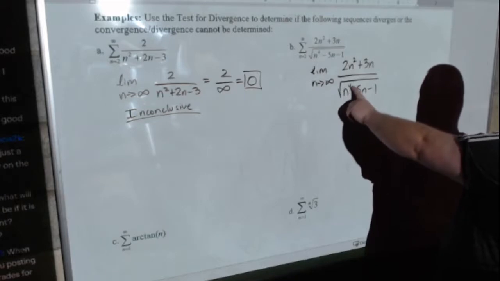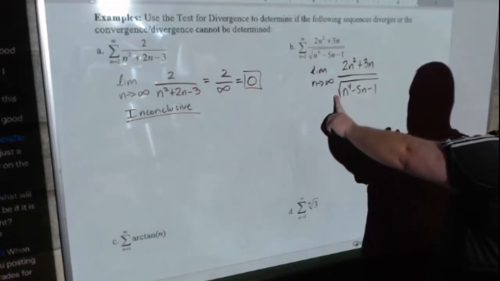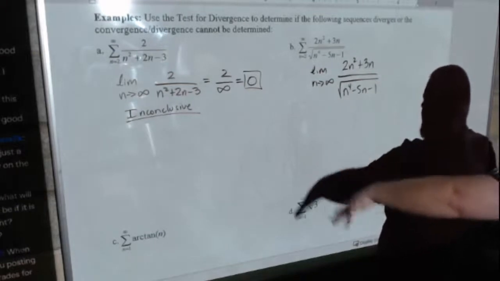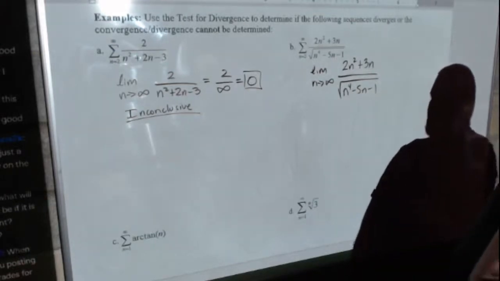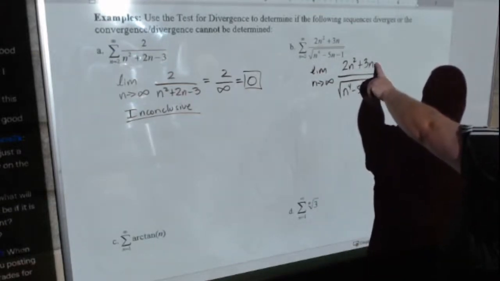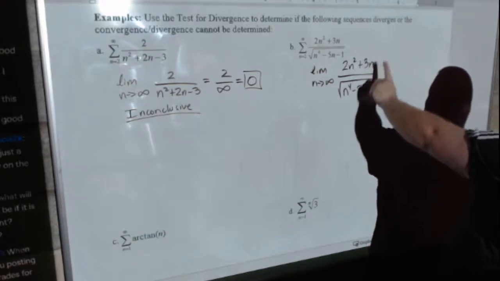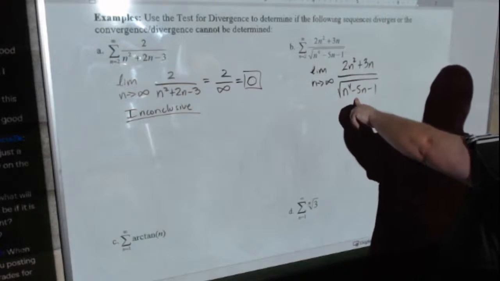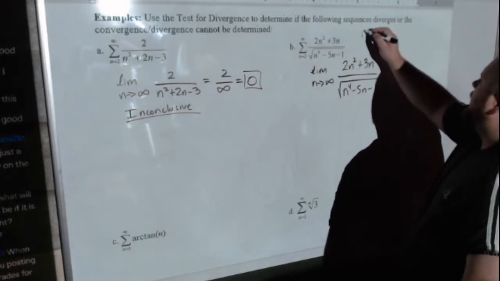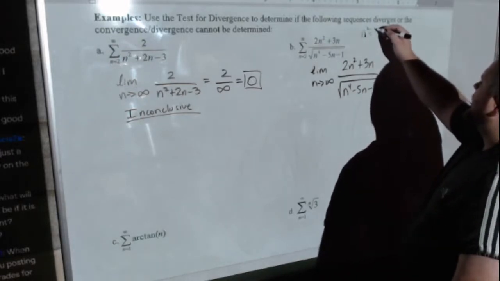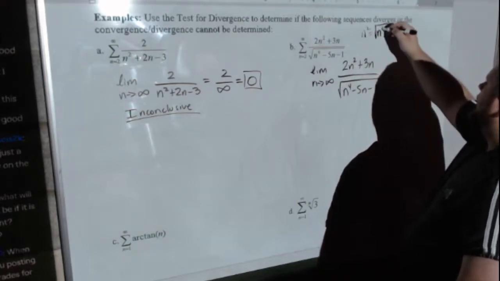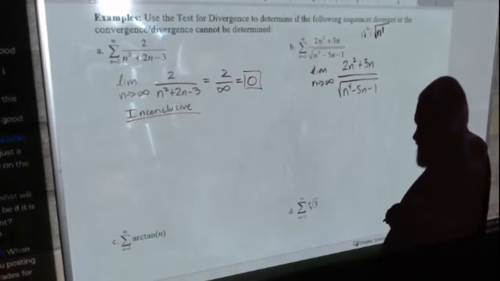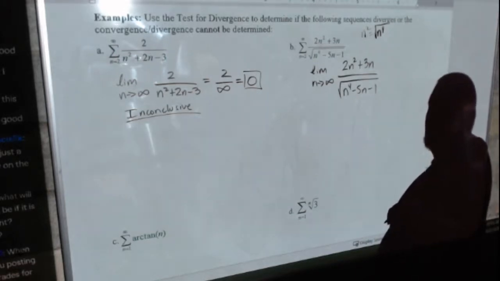Well, I have n to the 4th, but it's under the square root. So square root of n to the 4th is really like n squared. So up here I'm dividing by n squared, and down here I'm dividing by n to the 4th under the radical. And that's because these two things are equal: n squared equals the square root of n to the 4th.